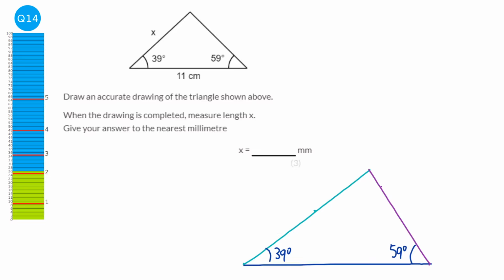So the answer for me is 95 millimeters. Now there is some level of precision. You're not going to get necessarily exactly 95 millimeters. When we mark these questions, we normally have an overlay and we put it over the top, and if it's roughly the same, and you can make small errors because nobody's perfect, and my diagram definitely is not perfect, but there are allowable small errors here and there.